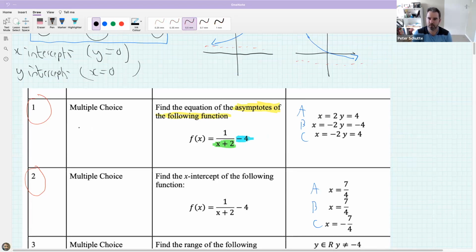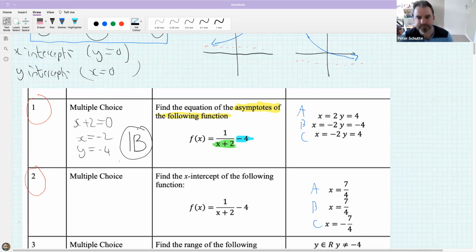For an asymptote to happen, x plus 2 must be 0. So x is -2 is one asymptote, and then the other asymptote is just going to be -4. So is there an option that matches that? My option is going to be 1B for the first one.